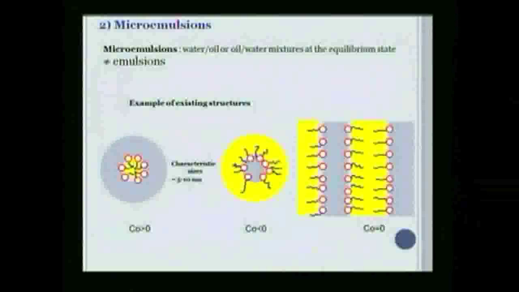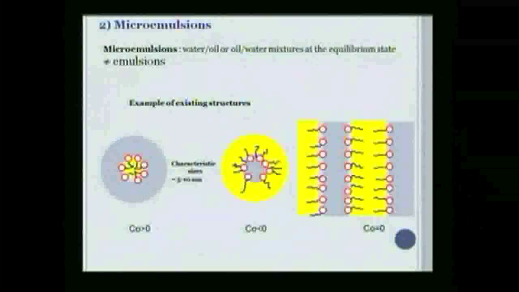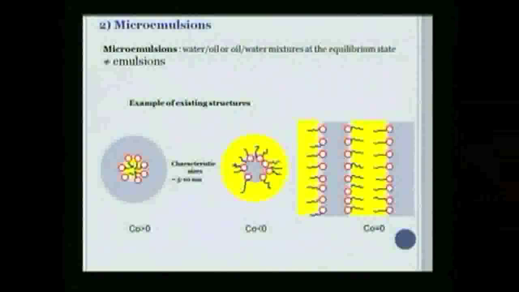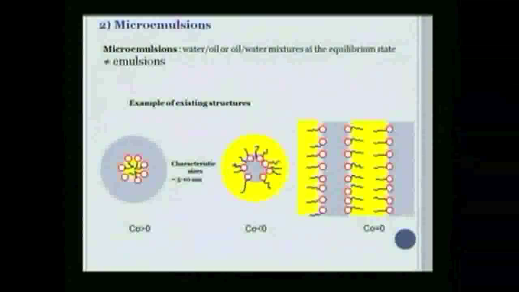What are microemulsions? Well, it's also a system where you put water and oil. It's a mixture at the equilibrium state. It's different from emulsions. You also use surfactants inside, and very often a mixture of surfactant and co-surfactant to make these microemulsions. They are swollen micelles, swollen with oil.